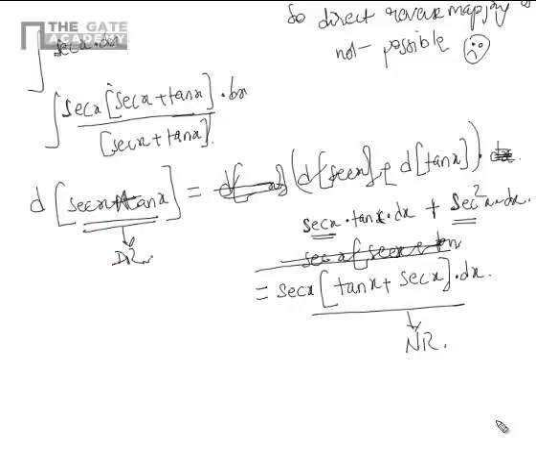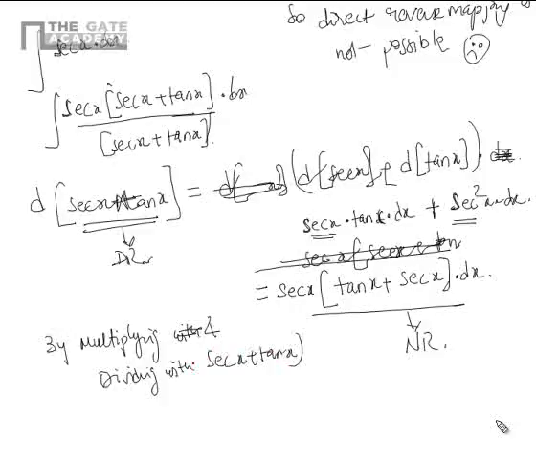So multiplying and dividing with sec x plus tan x makes the derivative of the denominator present in the numerator.